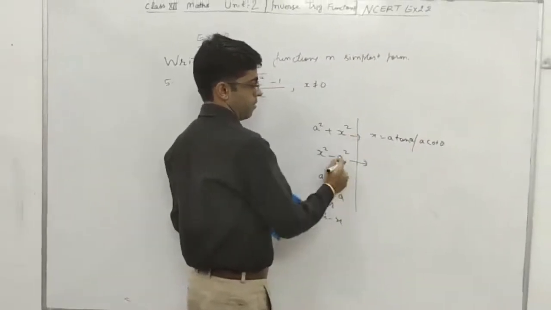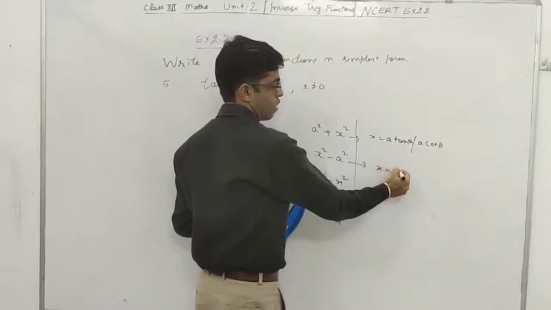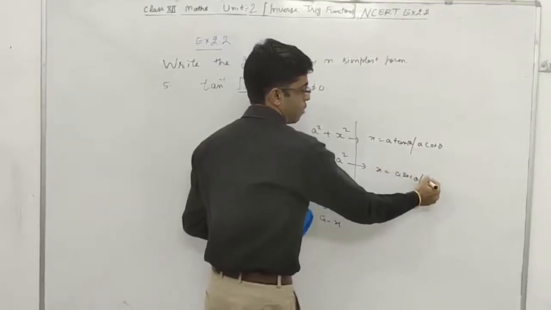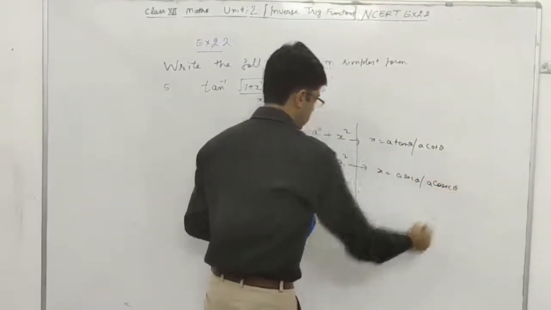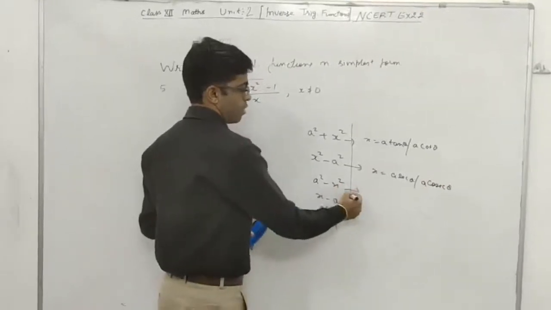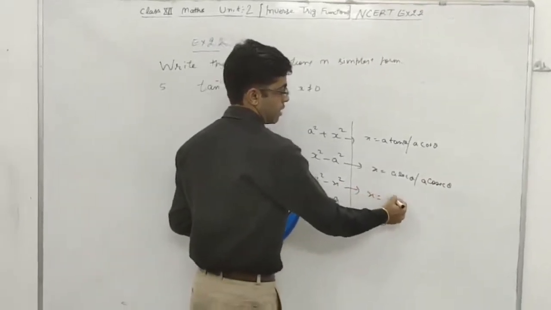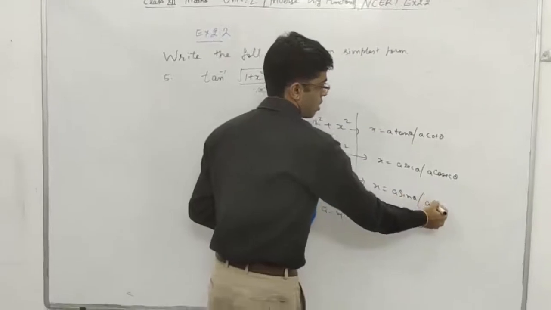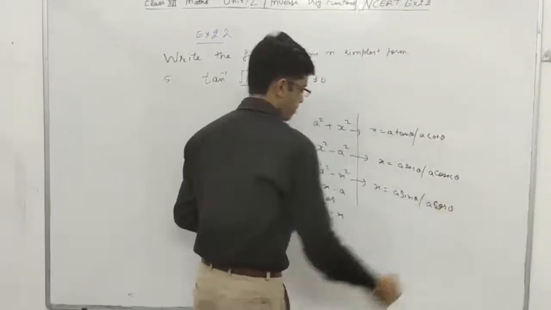In this type, we can substitute x equals a sec theta or a cosec theta. A square minus x square, in this case a sin theta or a cos theta.